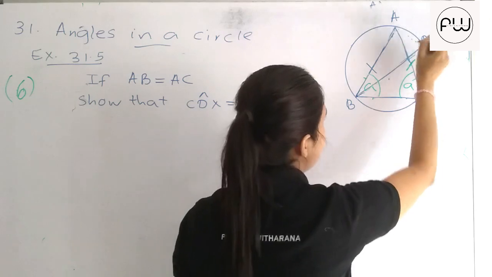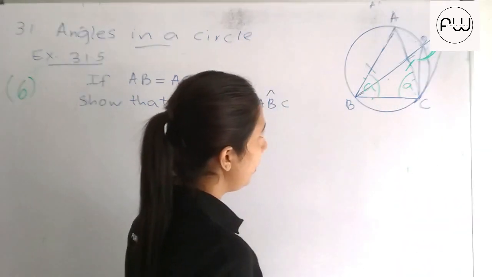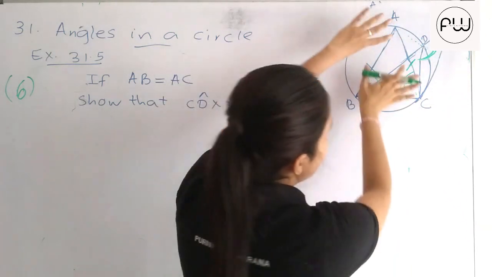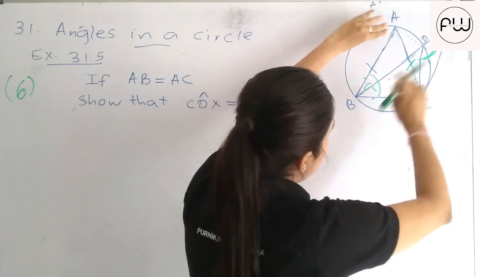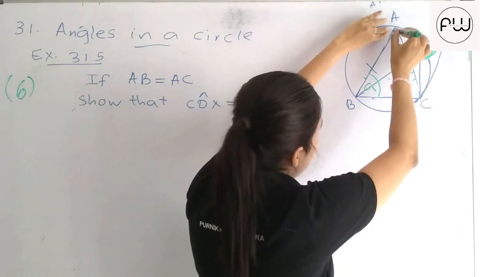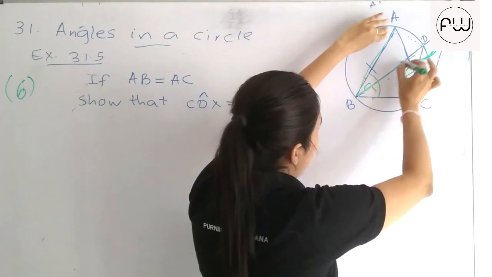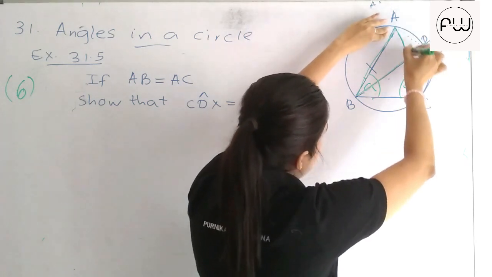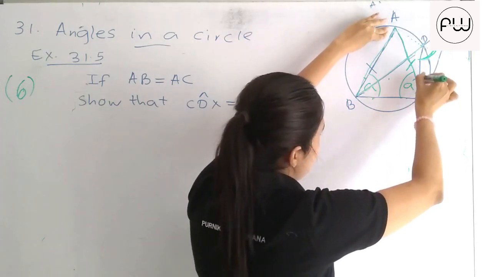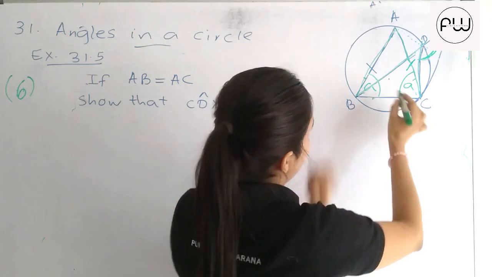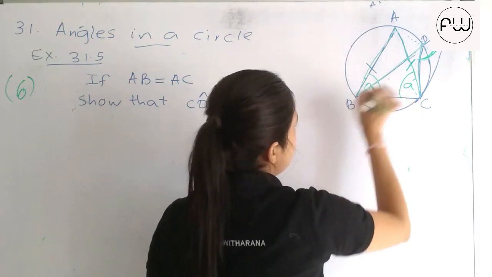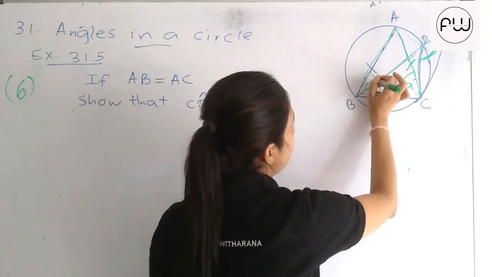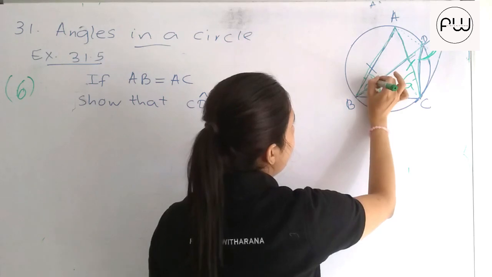If we consider this AD chord and this segment, we can clearly see this angle and this angle. So this one is A. Now let's put B here.